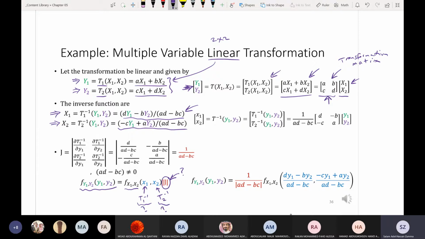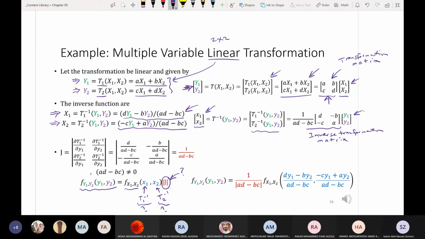So now I can write x1 and x2 in terms of the inverse functions, T1 inverse, T2 inverse, which is equal to the inverse transformation matrix multiplied by y1, y2.